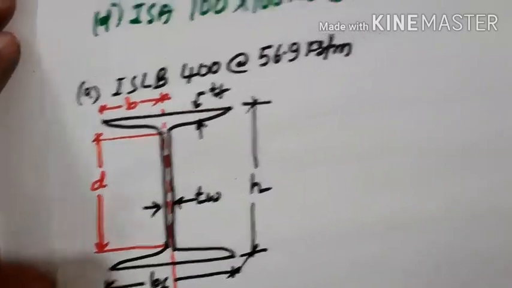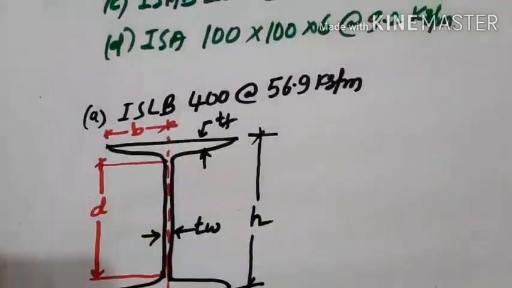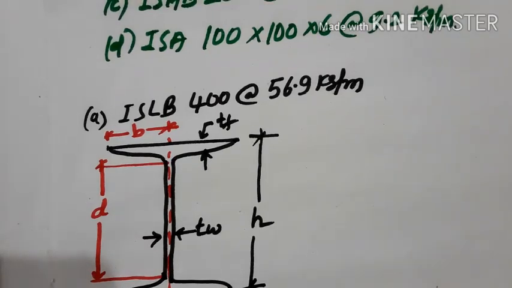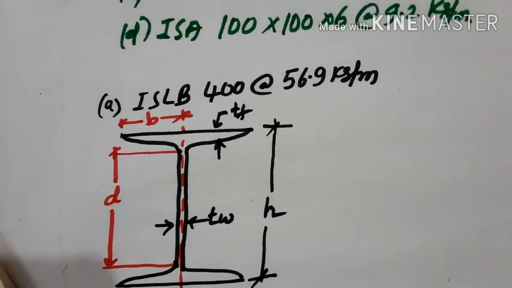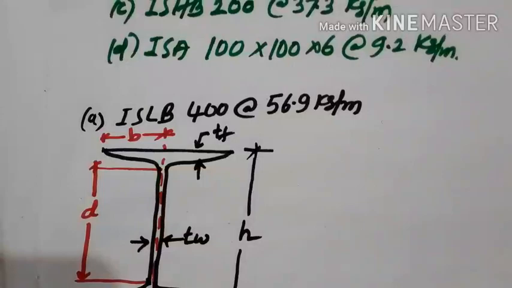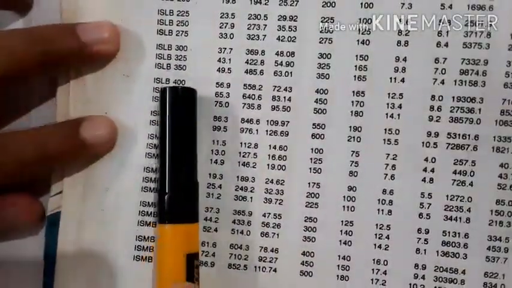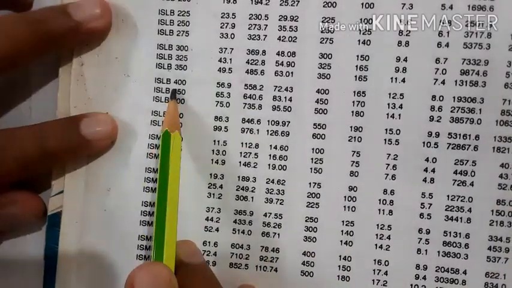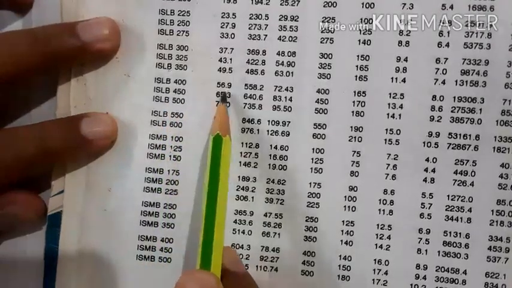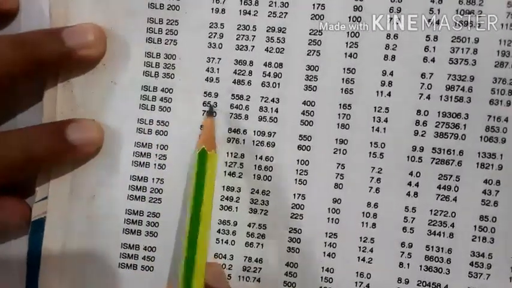Now, from the steel table you have to take the properties of the section. Refer to the steel table, ISLB 400 at 56.9 kg per meter, and take all the properties.